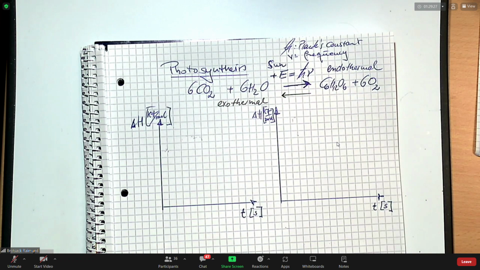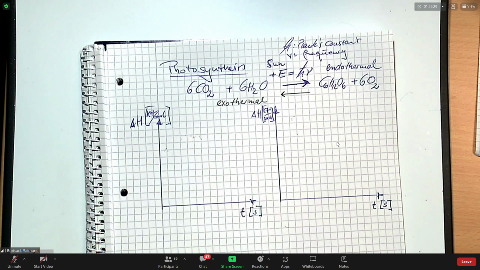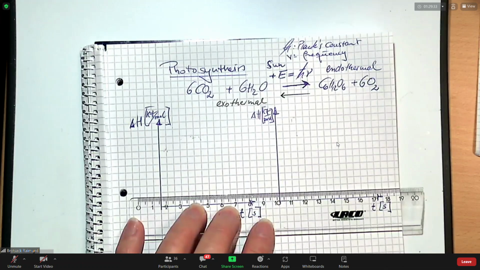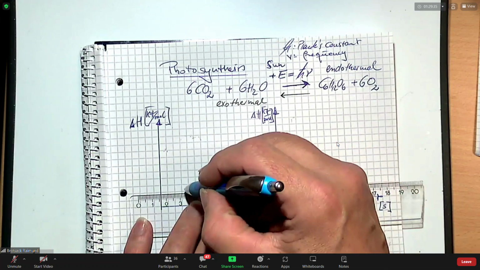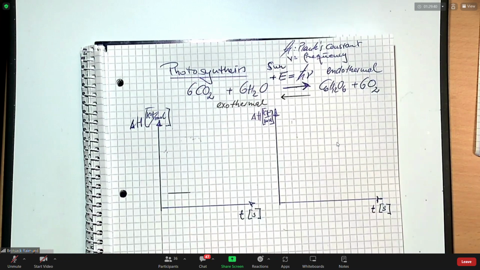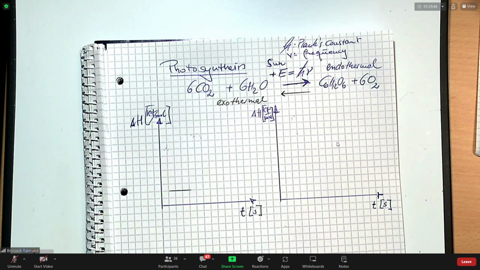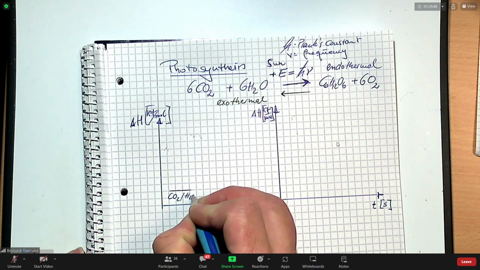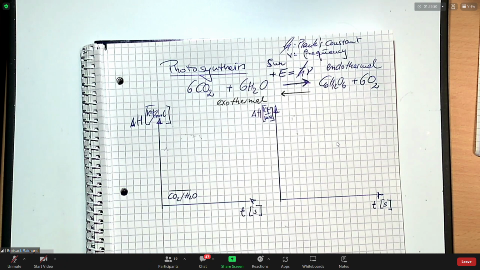Now we look first on the left, at the photosynthesis. We make it as simple as possible, and we say our reaction starts at that energy level. That's the energy level of the molecules of the educts. So the educts are CO2 and water. These are the educts.